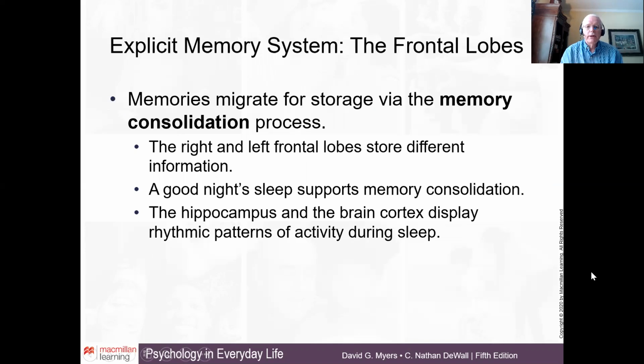So this process of memories migrating for storage from the hippocampus to the cortex, the frontal lobes of the brain primarily, is, as I said before, called memory consolidation. This happens in large part when we're sleeping, so a good night's sleep helps to promote memory consolidation.